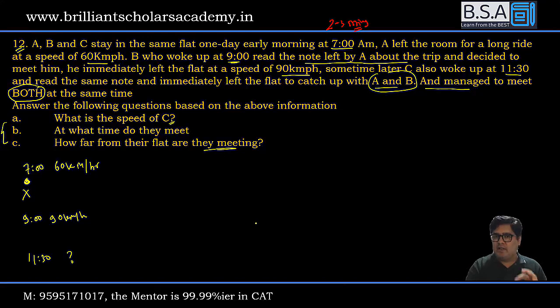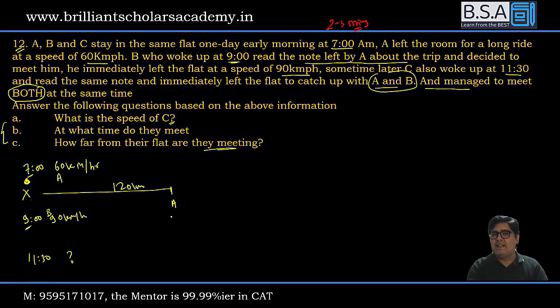So what we are gunning for here is, because A is the first person leaving, I want to know when B starts his bike or vehicle, how far is A? 7 a.m. to 9 a.m., 2 hours, traveled at a speed of 60 kmph. Where will A be? A will be 120 kilometers away from the starting point.